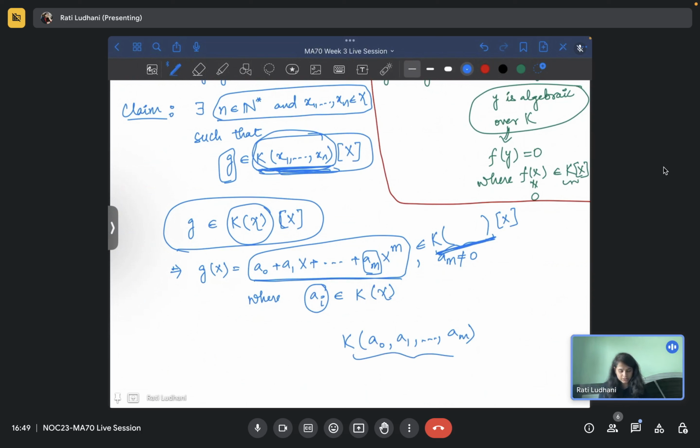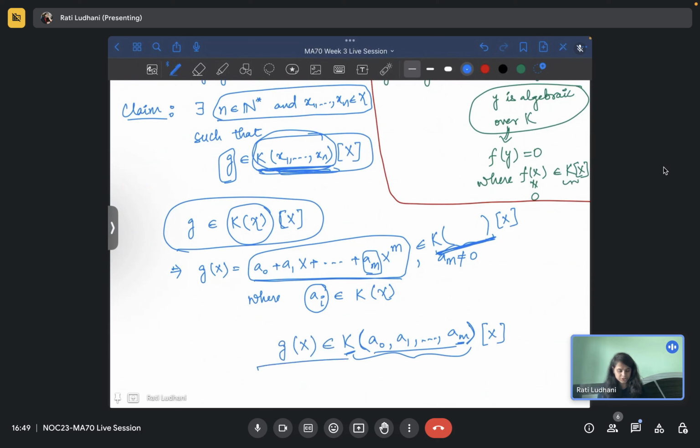You take this field, because I have taken a small bracket, that means this is a field. These are finite numbers, so we don't need to care about anything else. So this is just a subfield containing K and these a_i. So now g(x) belongs to this.